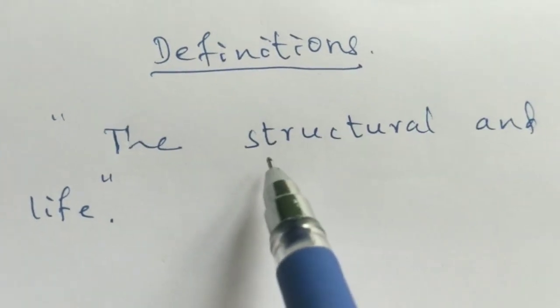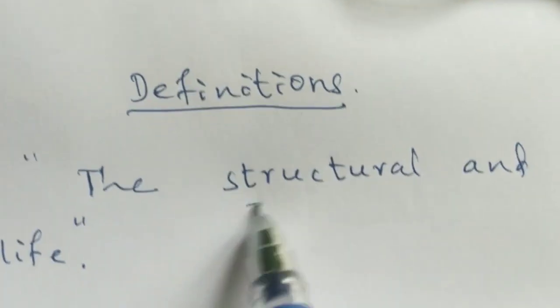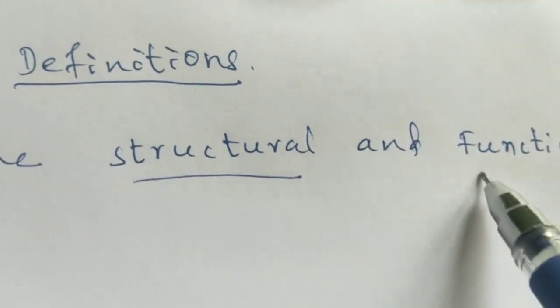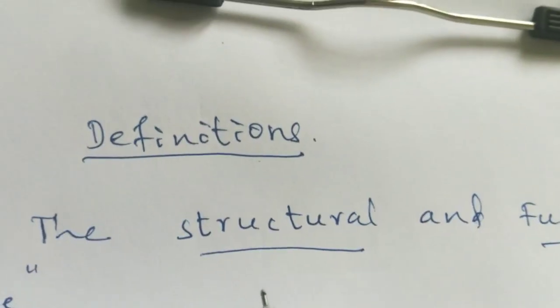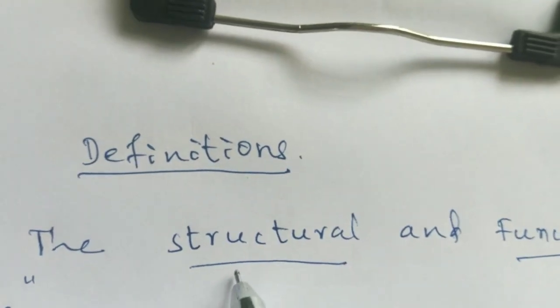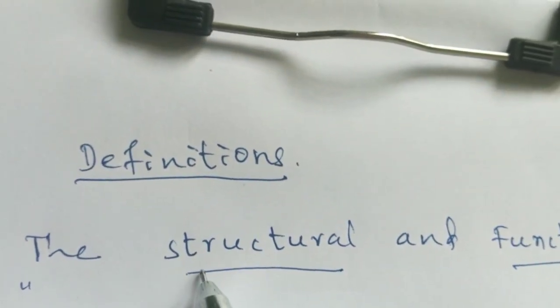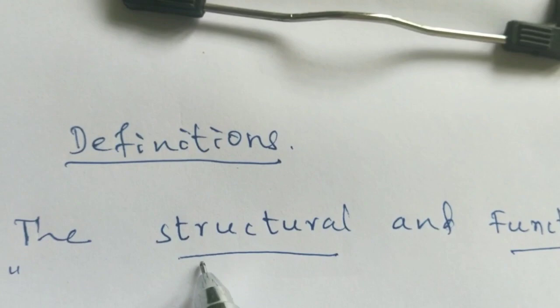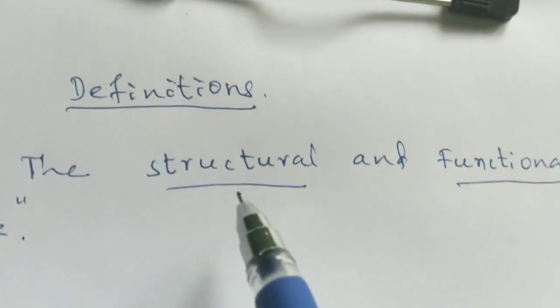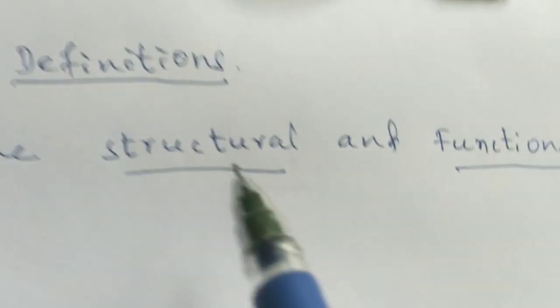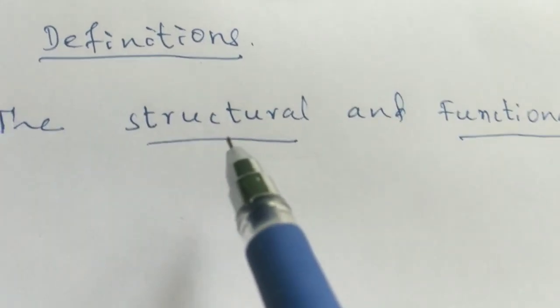Why is it called the structural and functional unit? Let us know in detail. It is called a structural unit because, as you know, the building is made up of bricks.